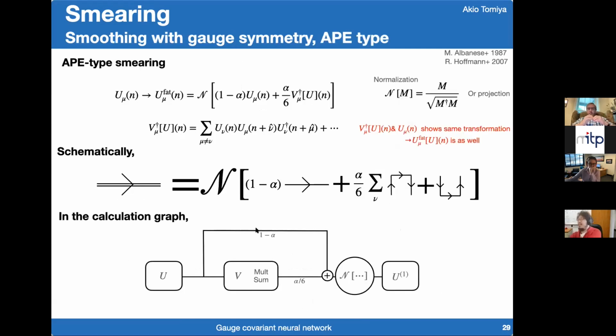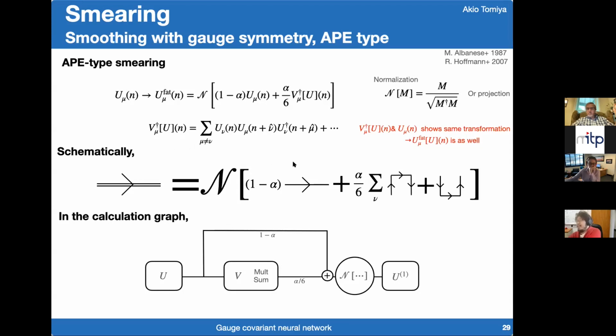Most of you know this very well. The APE smearing procedure is something like this: summing up the link and staples, and the two of them have the same transformation property under the gauge transformation, because the starting point and the end point are the same. This shows the same gauge transformation law, so the smearing procedure itself is covariant.